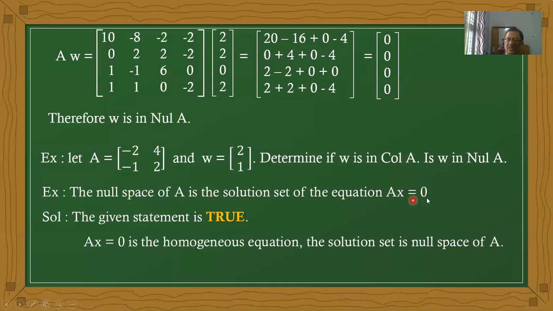Ax equal to 0 is nothing but a homogeneous equation. The solutions of this equation belong to null A. Therefore, as per the given statement, the null space of A is nothing but the solution set of the equation Ax equal to 0. That is the condition.